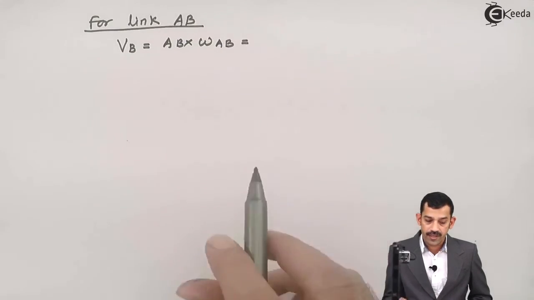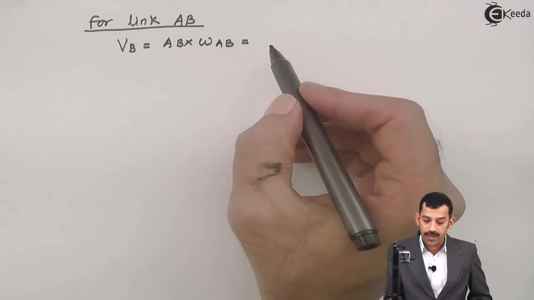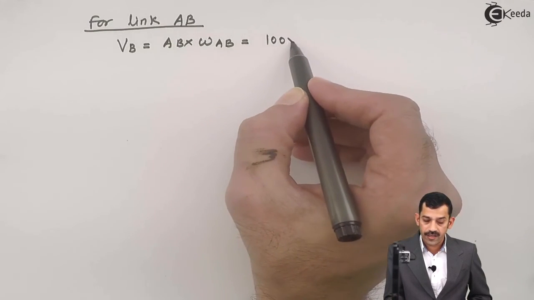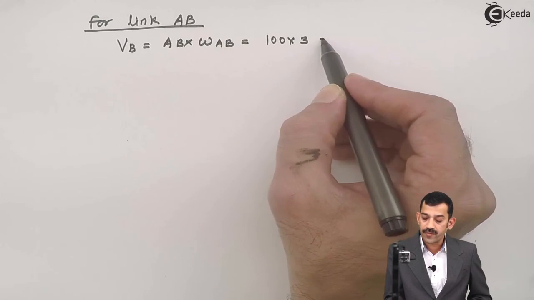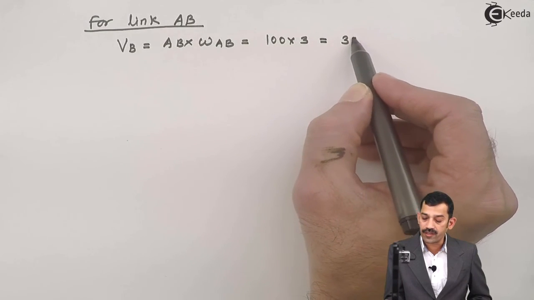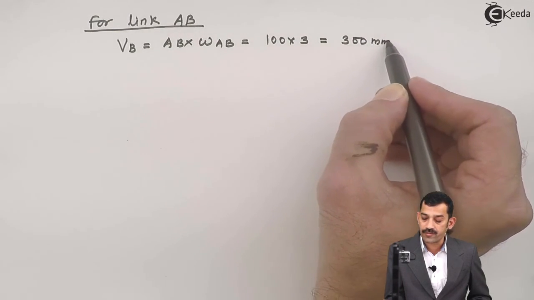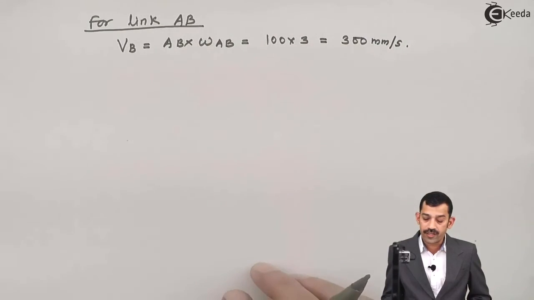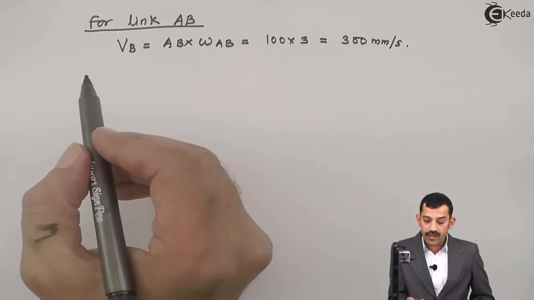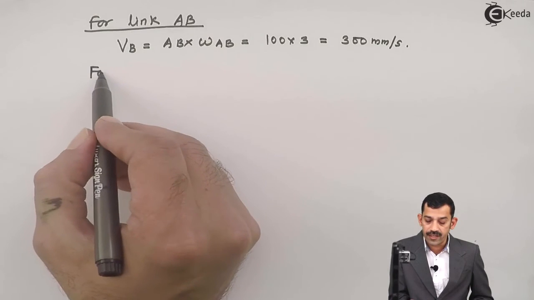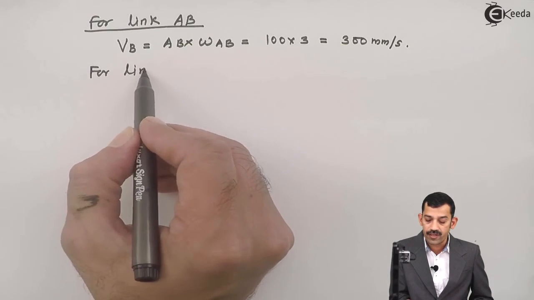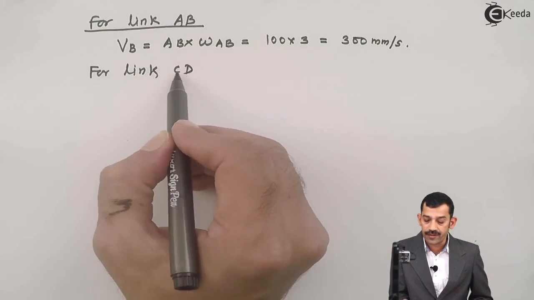Length AB is given as 100 mm, and omega is 3, therefore VB is 300 millimeters per second.